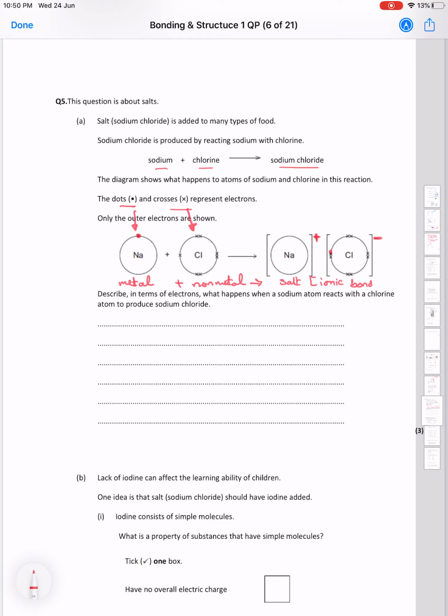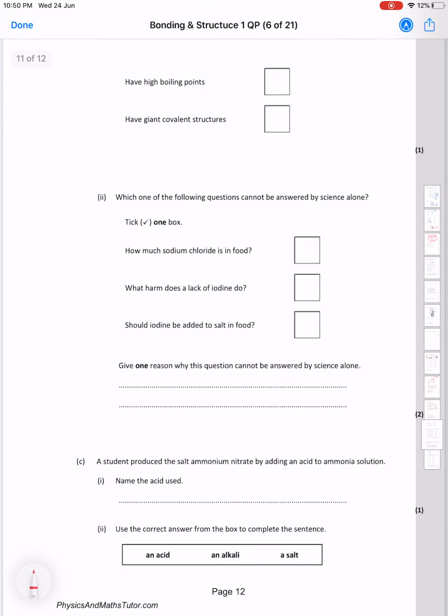Then the electrostatic attraction between the positive sodium ion and the negative chloride ions is what forms the ionic bond. So all I need to do is put all I have said into sentences. This is a 3 marks question.